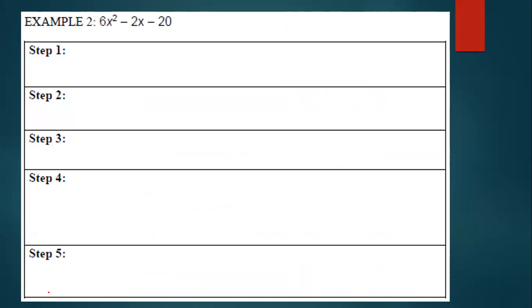All right, so here I have 6x squared minus 2x minus 20. Step 1 tells me I'm supposed to check for GCF. Is there a GCF? Yeah, it's 2. So I factor out 2 from each of these terms, and I'm left with 3x squared minus x minus 10.